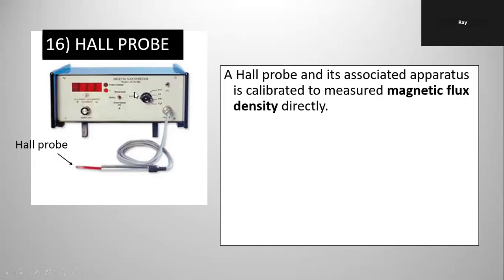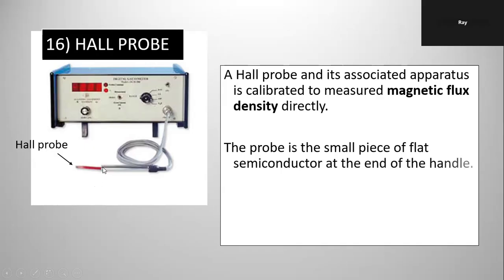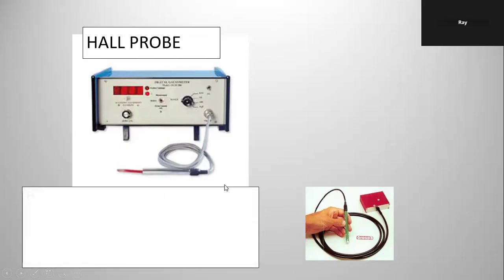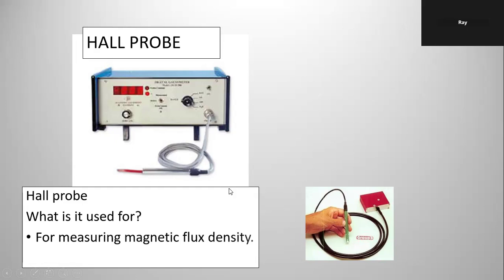This probe apparatus measures the magnetic flux density directly. There's your semiconductor at the end there, and there's another type, also a semiconductor, for measuring magnetic flux density.